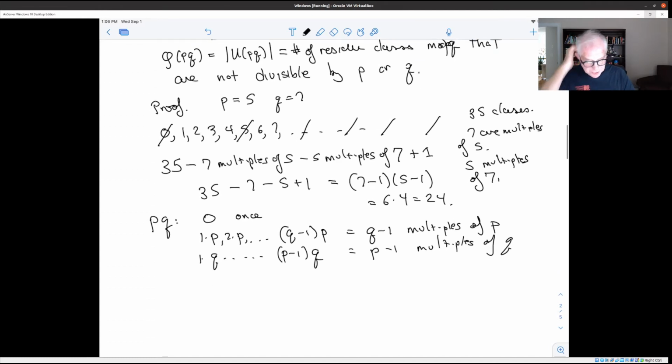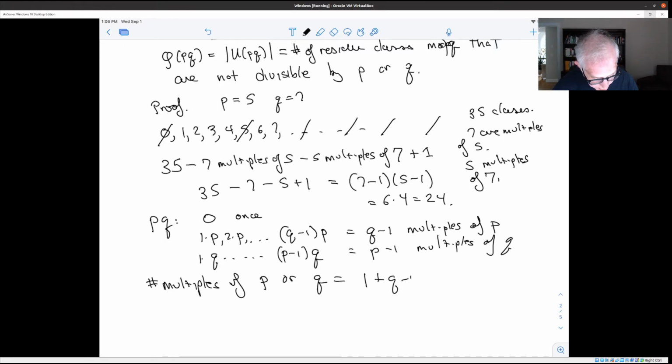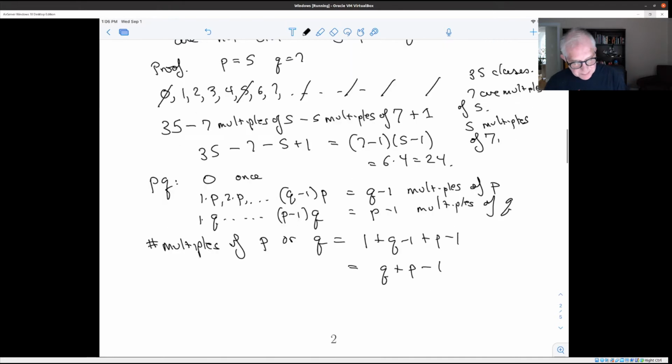So the total number of multiples of P or Q is 1 for 0, plus Q minus 1 for P, plus P minus 1 for Q, which is Q plus P minus 1.